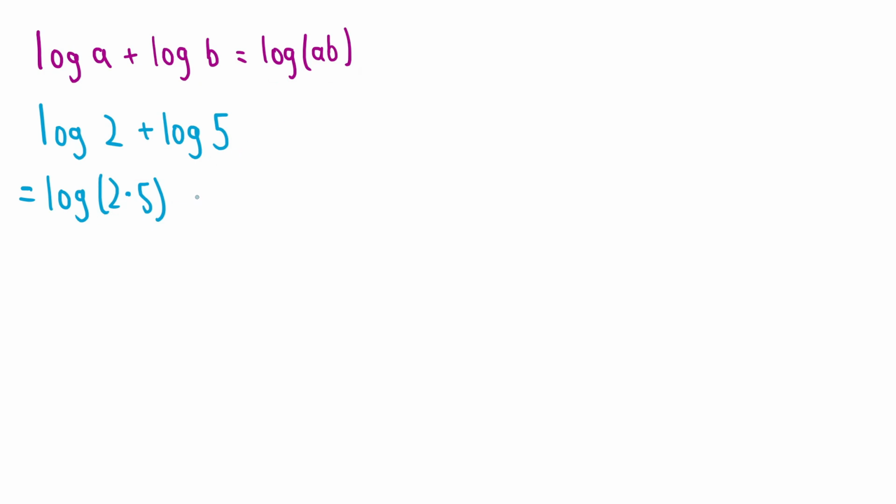So for the argument of this single logarithm, the 2 times 5 is just the 2 from the first logarithm multiplied by the 5 in the second logarithm. So this just simplifies to log of 10, since 2 times 5 is equal to 10, and then we know that log of 10 is just equal to 1, since 10 to the power of 1 is equal to 10. So this is just equal to 1.